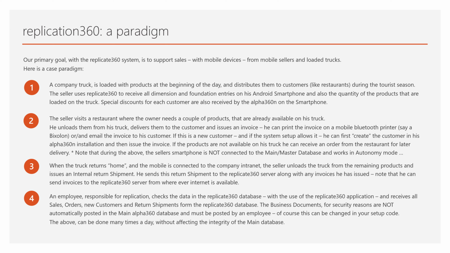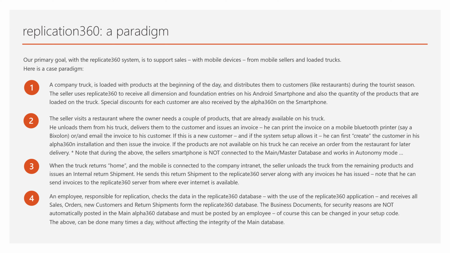He sends this return shipment to the Replicate 360 server along with any invoices he has issued. Note that he can send invoices to the Replicate 360 server from wherever internet is available. He doesn't have to get back home to start sending the data.